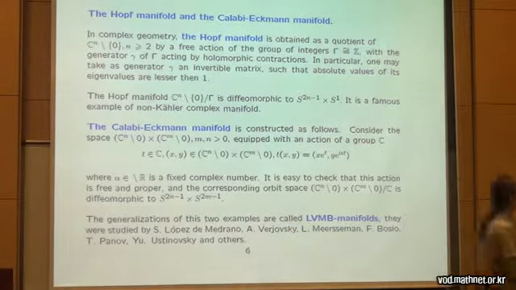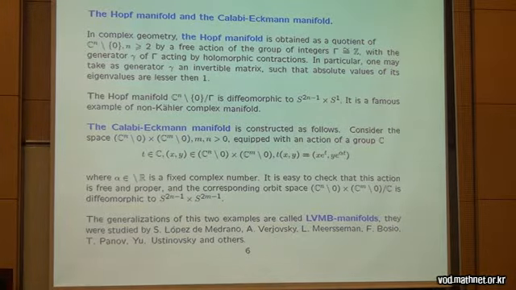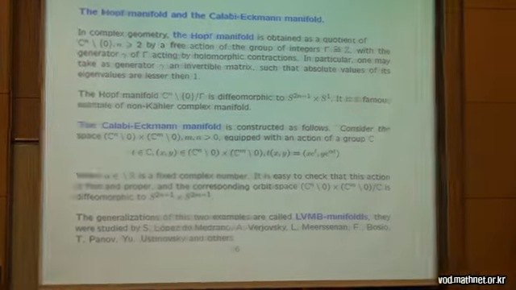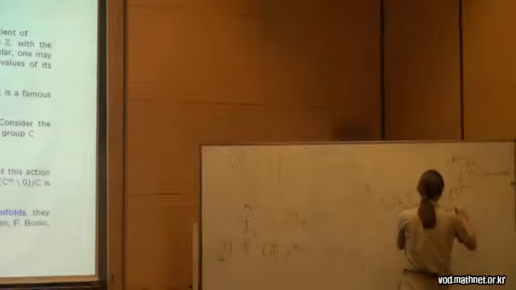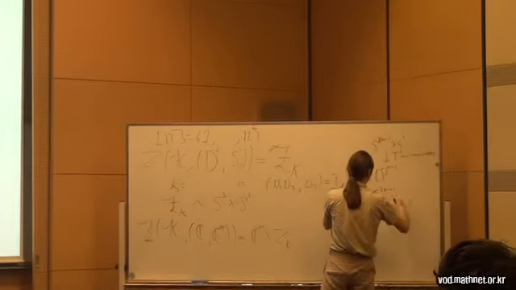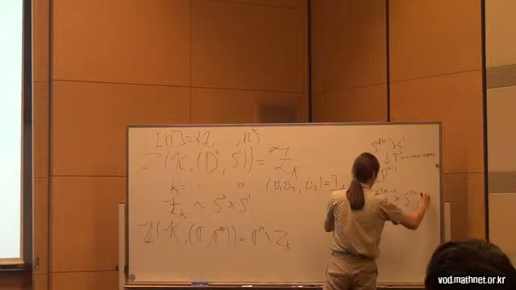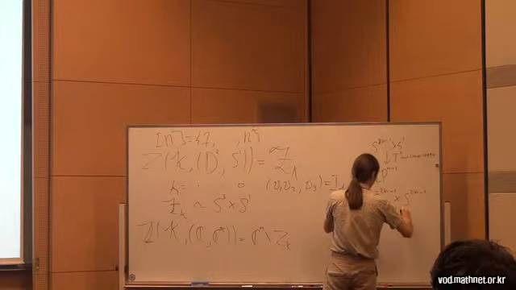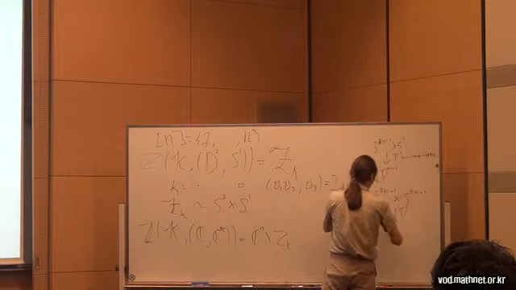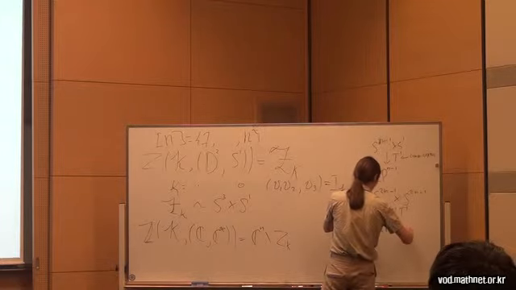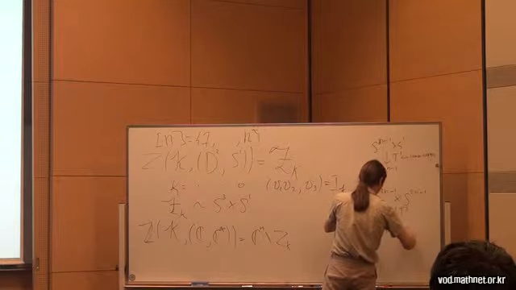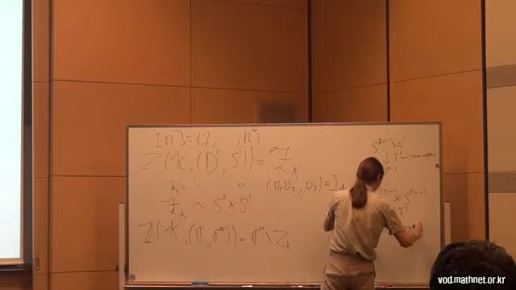And in this case, we can represent it as a principal bundle with fiber a torus over CP^{n-1} times CP^{n-m-1}.